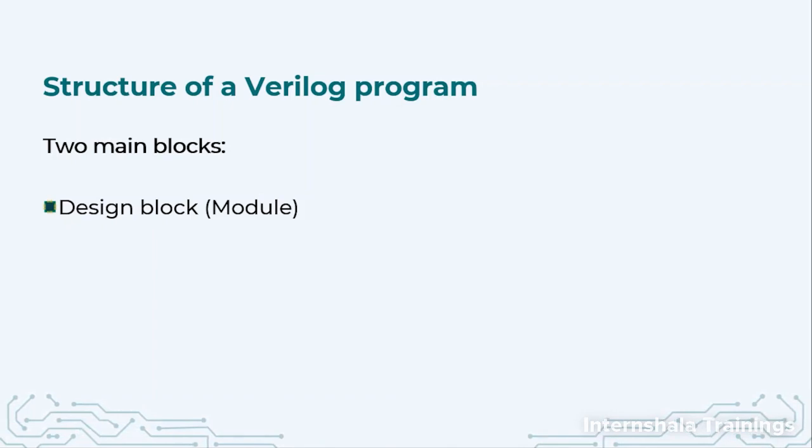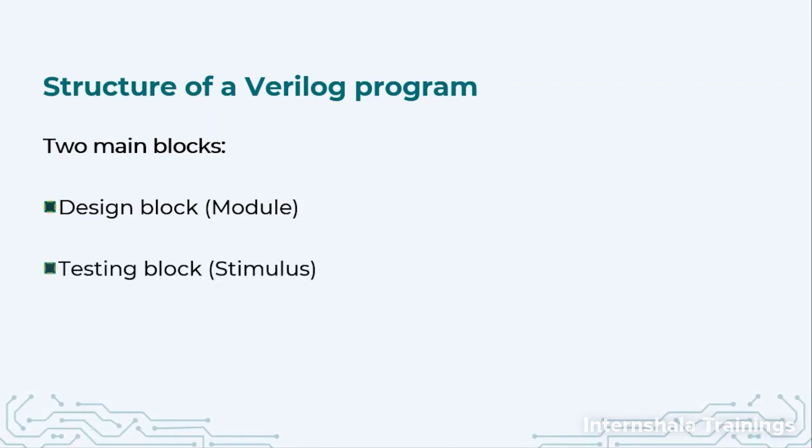Once the design is done, then we go to the testing. Here we are going to mention how these inputs are changing, how many times they are changing, for how long, and for how many test cases I am going to test my circuit. All these things come inside the testing block or the stimulus.